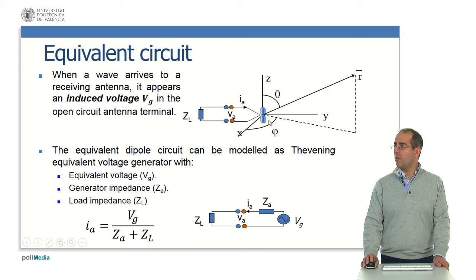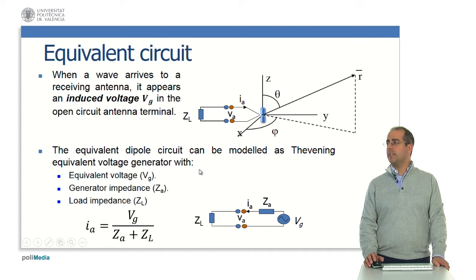Here we have our receiving antenna with the load, and here we have the equivalent circuit, where we see the induced voltage and the antenna impedance. So as we say, the equivalent dipole circuit can be modeled as a Thevenin equivalent voltage, and it depends on the equivalent voltage, the generator impedance, and the load impedance.